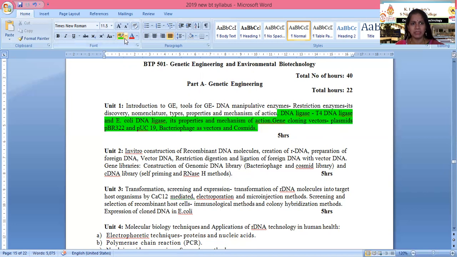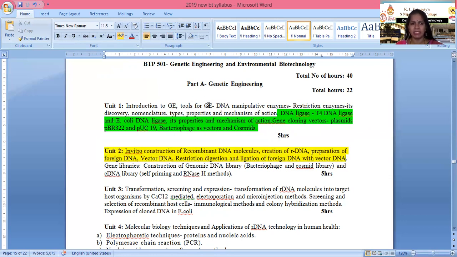Then coming to unit 2, that is in vitro construction of recombinant DNA molecules: creation of recombinant DNA, preparation of foreign DNA, vector DNA, restriction digestion and ligation of foreign DNA with vector DNA. See, we have designed this in a very systematic way.